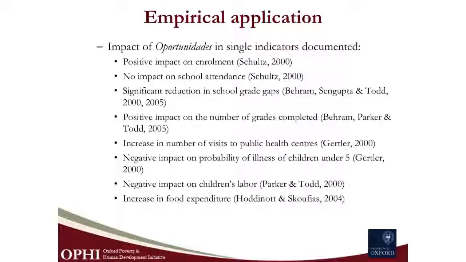There is a negative impact on the probability of illness of children under 5, so the health of kids seems to be improved. Negative impact on children's labor. That actually was also one of their main ideas: taking kids out of work to reduce the opportunity costs of kids going to school by giving these cash transfers, and increase in food expenditure.